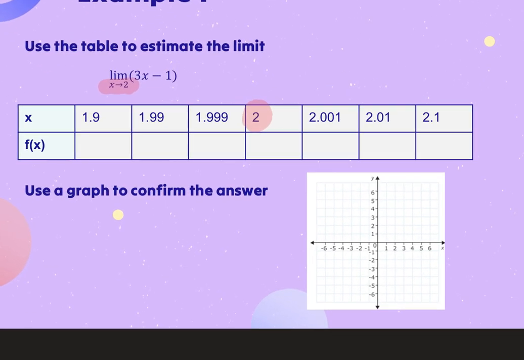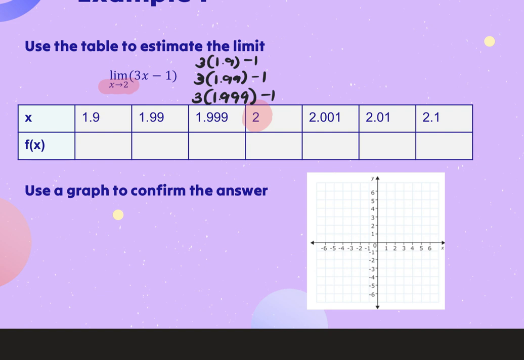So this is saying what is the limit as x approaches 2 of this function. So we're going to literally plug these values in. I'm going to plug into 3x minus 1: 3 times 1.9 minus 1, 3 times 1.99 minus 1, 3 times 1.999 minus 1. I'll start there.